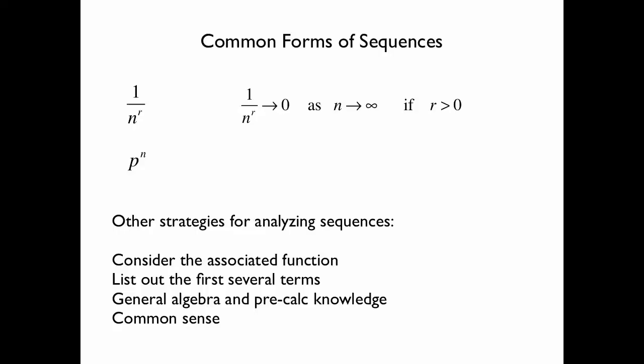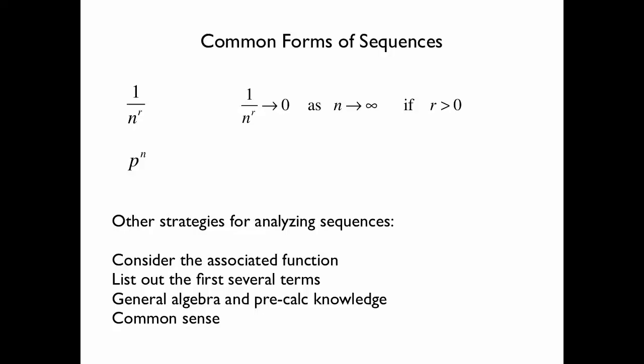So when you're analyzing these sequences, you're on the lookout for this particular form, 1 over n to a power. As long as r is greater than 0, that sequence will approach 0 for large values of n.